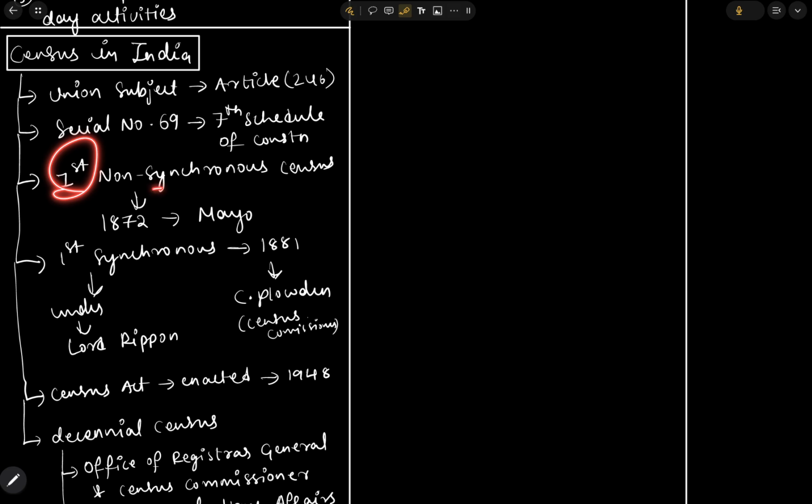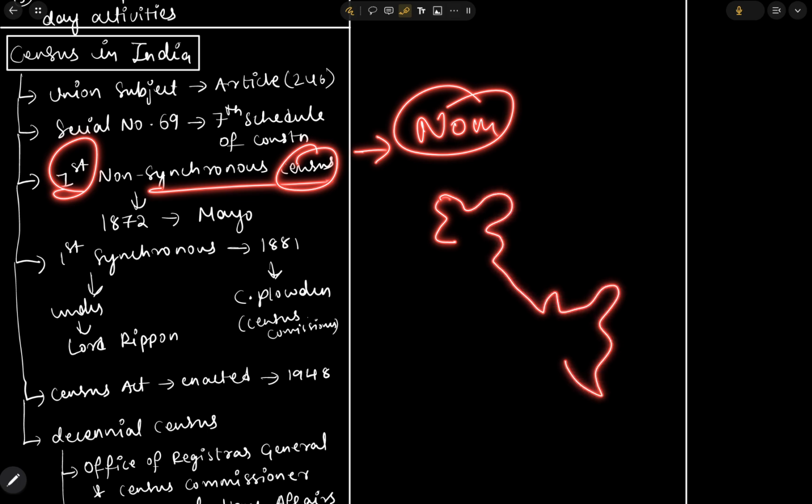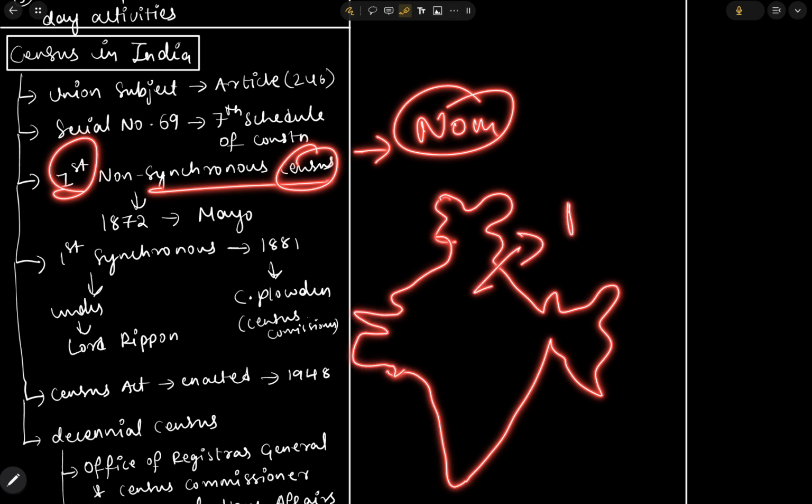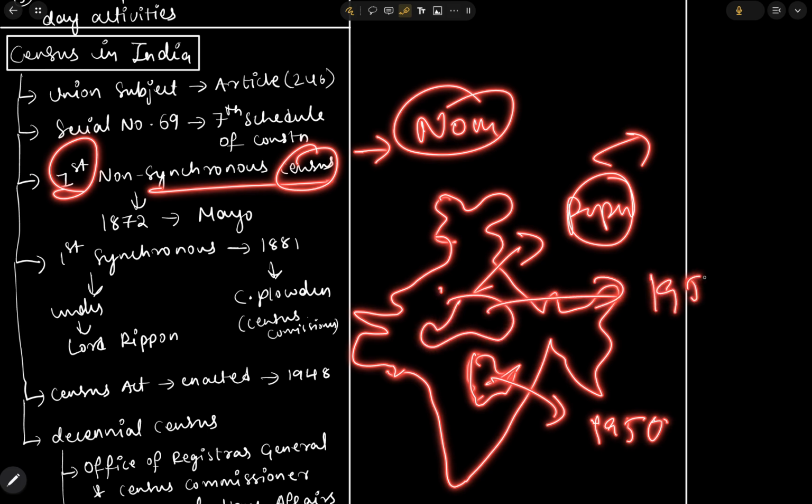The first non-synchronous census: non-synchronous means that in our nation, India, the population census happened at different times. For example, take Telangana, where it happened in 1950, and in Madhya Pradesh it happened in 1955.